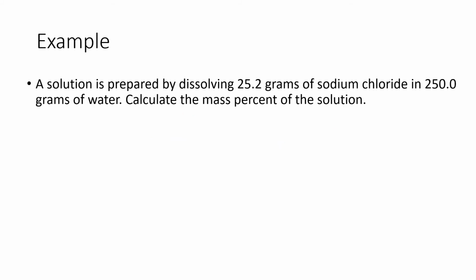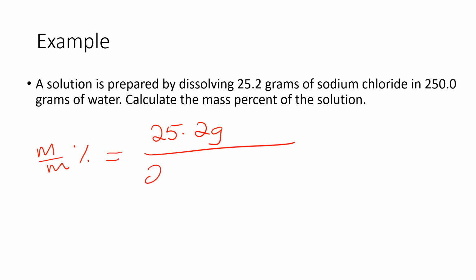For example, a solution is prepared by dissolving 25.2 grams of sodium chloride in 250 grams of water. Calculate the mass percent of the solution. So mass to mass percent equals 25.2 grams on top, then 25.2 grams plus 250 grams on the bottom, then times 100.